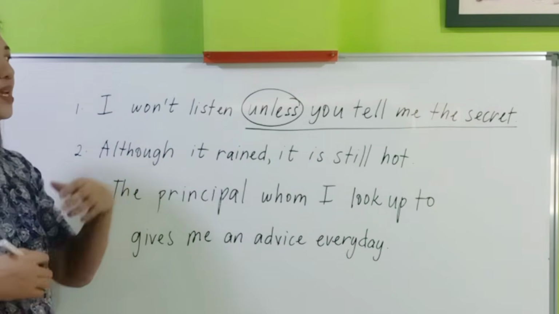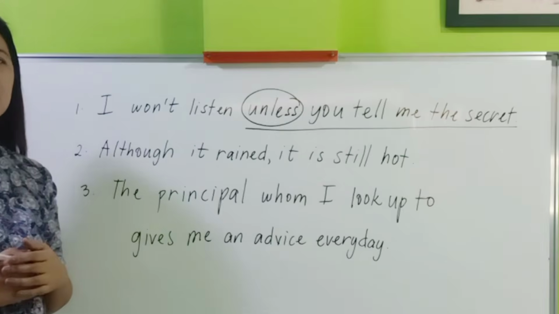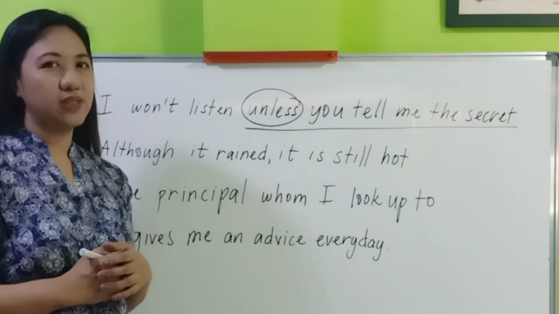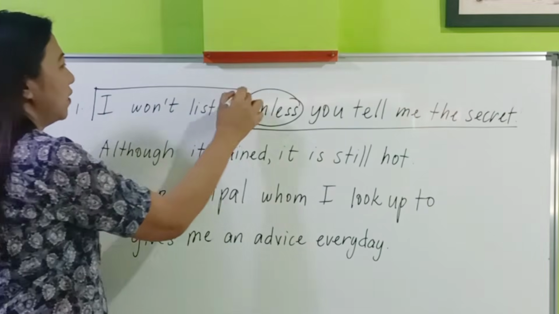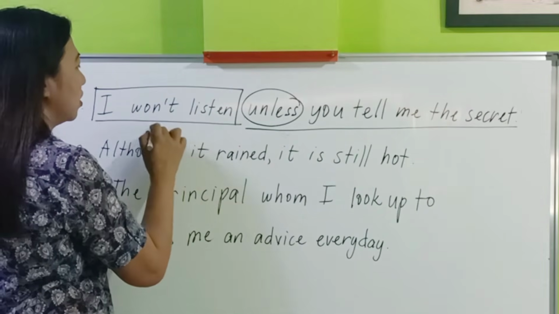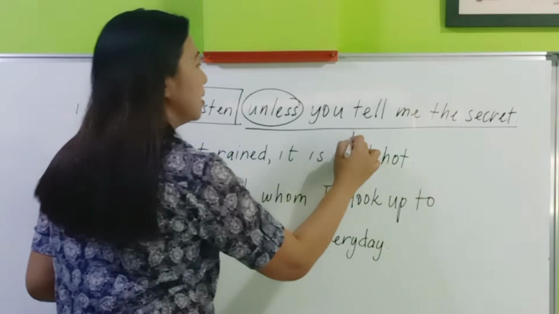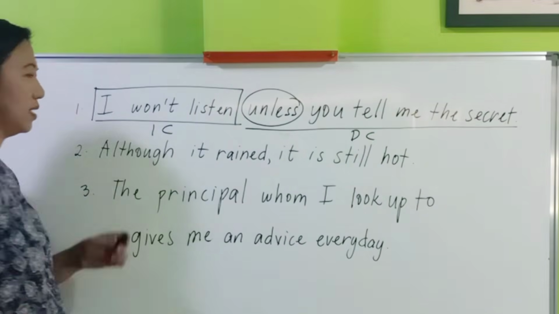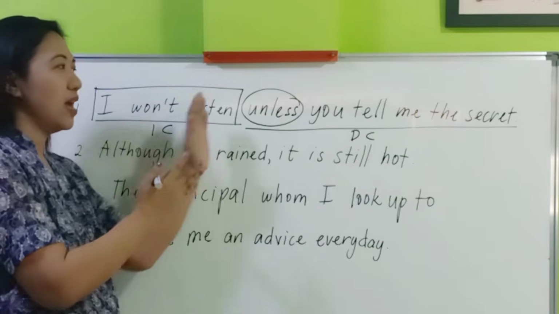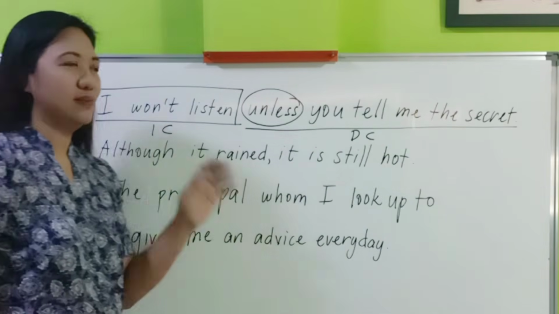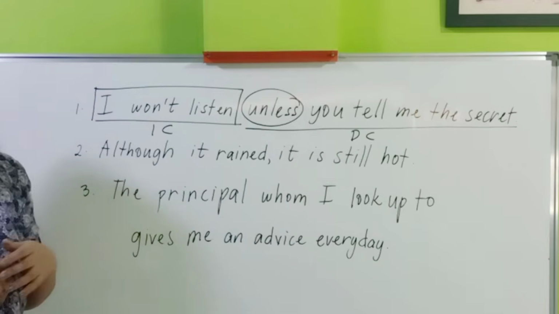Unless you tell me the secret. It doesn't have a complete thought. And what remains is now the independent clause. So this is dependent clause. I won't listen. Okay. Nakakatayo siya kahit wala itong part na to. I won't listen. You still understand.